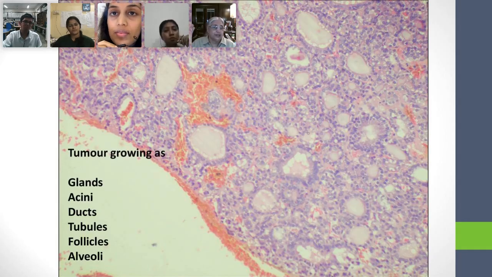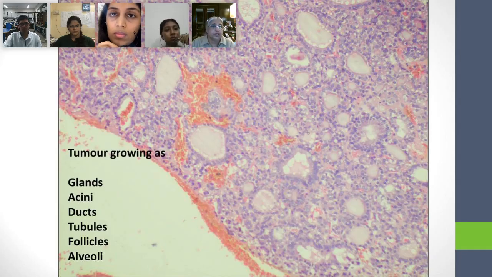So when you cut a duct tangentially, you're not going to see any cells that are secretory. Occasionally you might find some mucinous cells in a duct, but by and large, these ducts are not actually secreting as such. So it is just a transport structure.